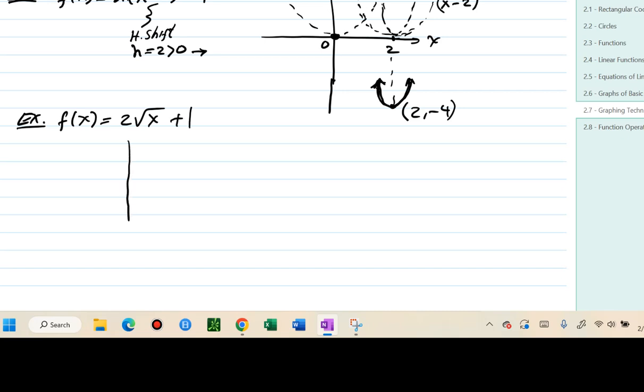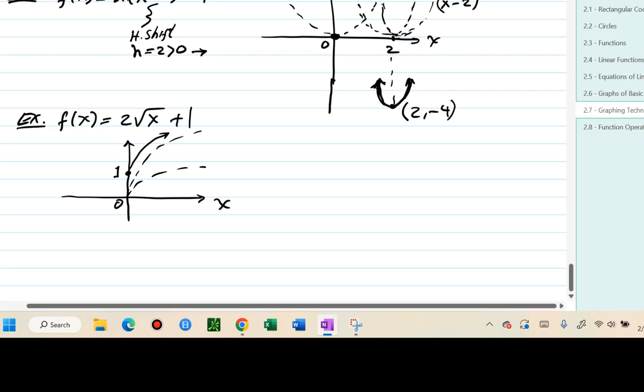The effects of this one: we have the square root function. 2 will scale it by a factor of 2, stretch it, and shift it up 1. Okay, so there you go. That will be the graph of this one. So it's not too bad, right? We're able to finish this fairly rapidly.